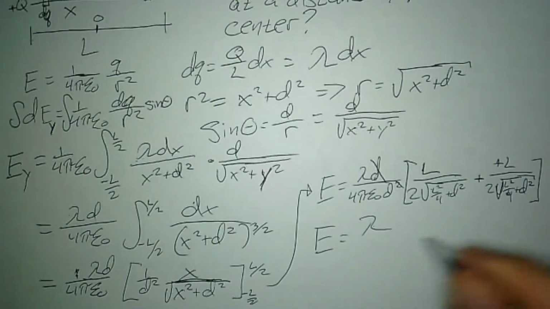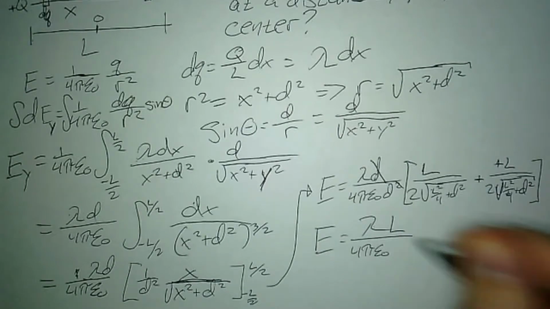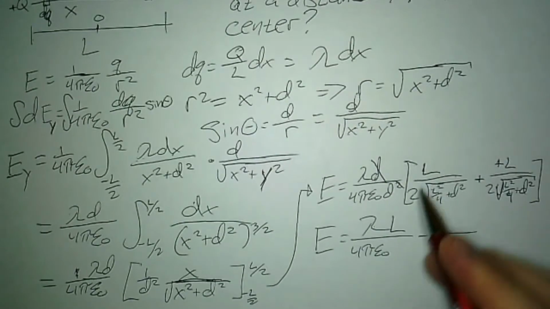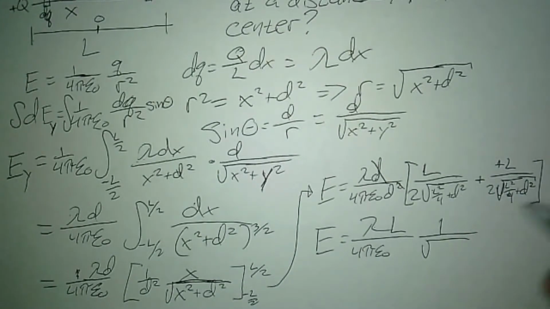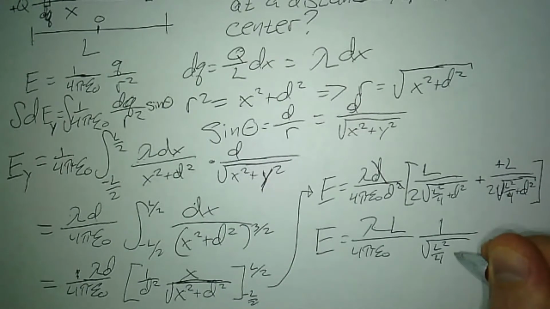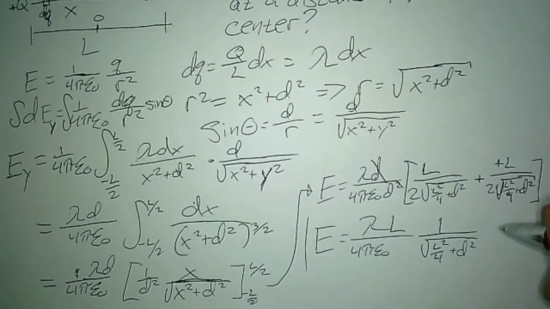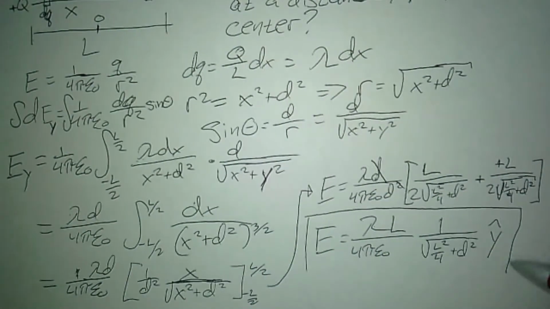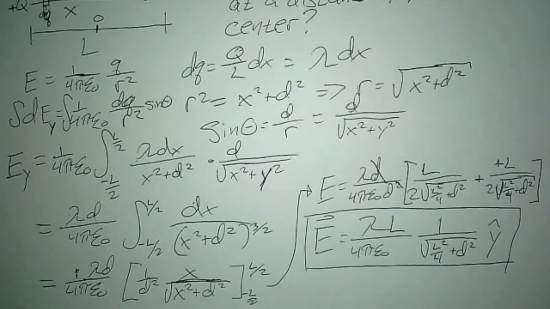So lambda over 4 pi epsilon naught, let's put an L over here, times 1 over the square root, and these 2's cancel when we add them, right, of L squared over 4 plus d squared. And this is going to be in the y direction if we care about that. So the y hat, in case you don't remember, just means in the y direction. And that is my answer.